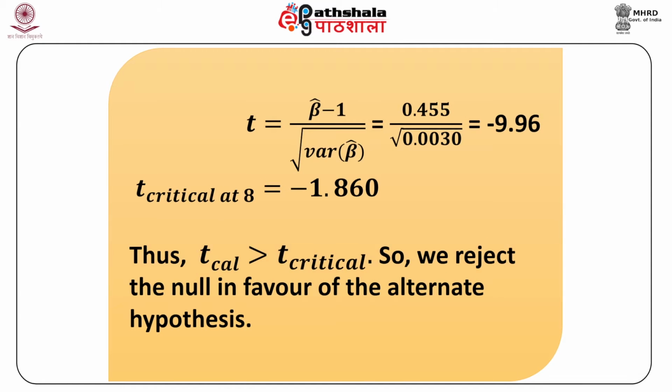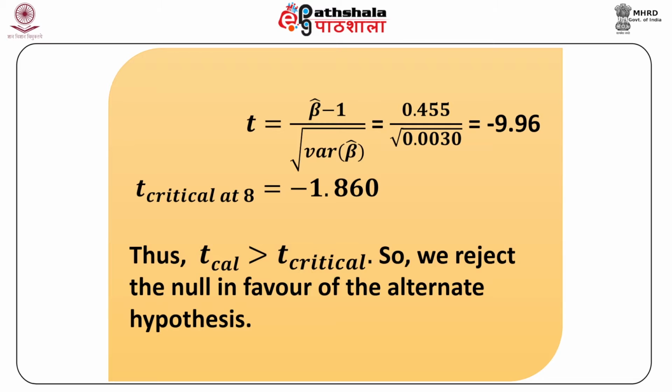So what will be the t statistics? The t statistics in this case is defined to be equal to beta hat minus 1 upon under root of variance of beta hat, because we have standard error.